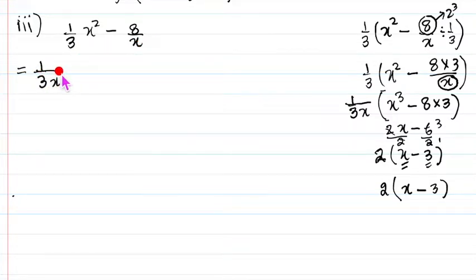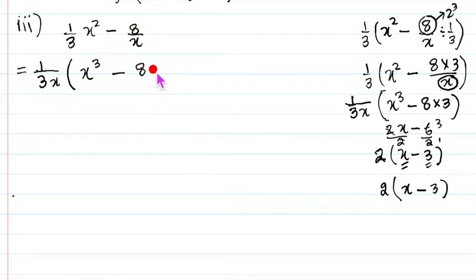So 1 upon 3x is the common factor, and here you will divide this by 1/3. So 1/3 gets cancelled, and you'll divide by 1 upon x. So this will become x square into x, that means x cube, minus this will be divided by 1/3 x. So that means you have to divide this by 1/3.